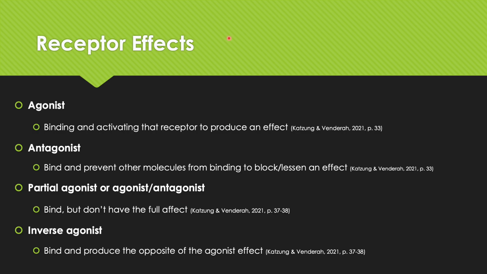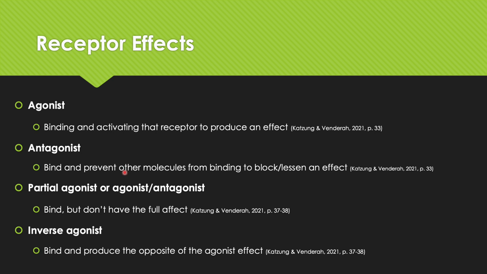Last thing I want to talk about are receptor sites. So I've talked about albuterol being a beta-2 agonist. So all that means is that a drug binds and then we produce an effect. So albuterol, a beta-2 agonist, binds to a beta-2 receptor and produces bronchodilation, which is the effect. An antagonist does the exact opposite of that.